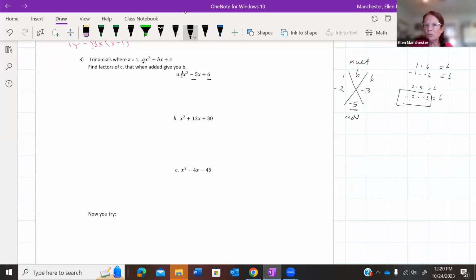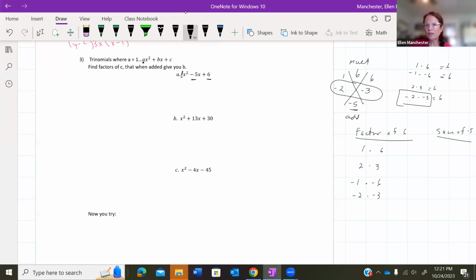Now this is one way to do this. Another way is you can write it out as factors of 6 and then the sum of -5. You can do it this way too. We already know what the factors are.